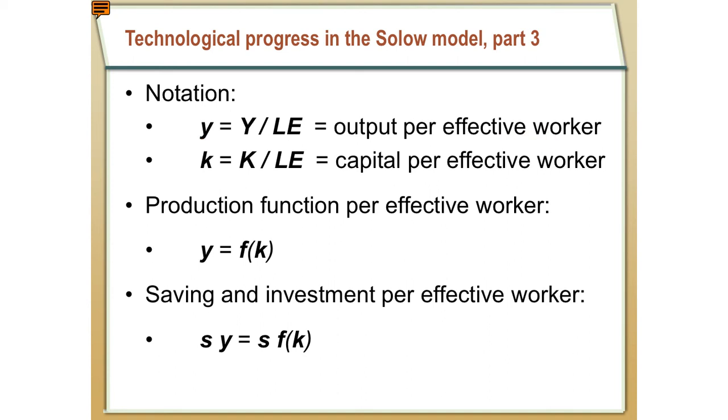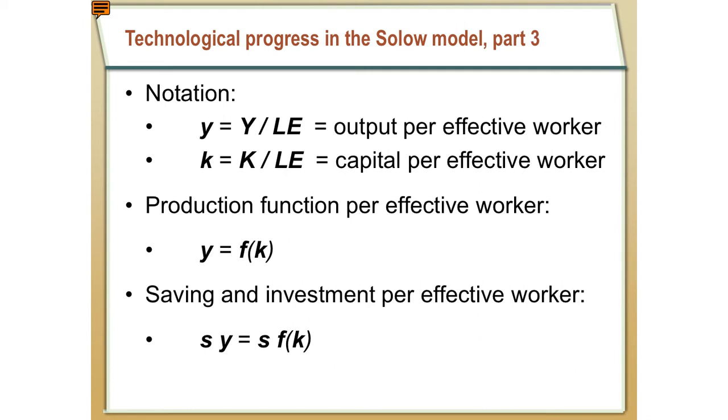So little y is now aggregate output, big Y, divided by L times E. Little k is now aggregate capital divided by L times E, etc. Same for consumption per effective worker, and on and on.